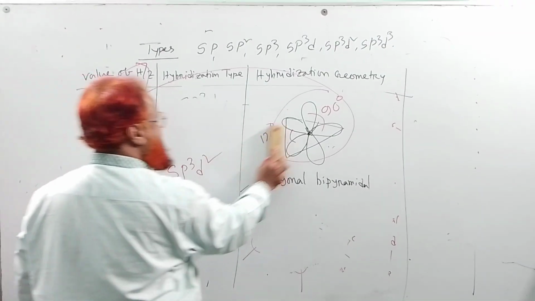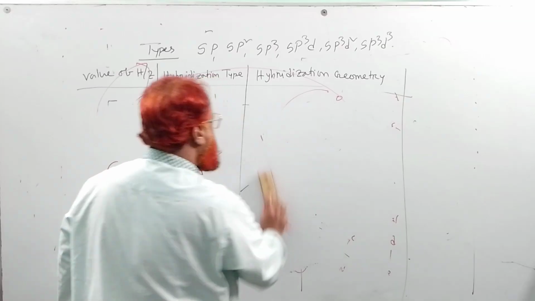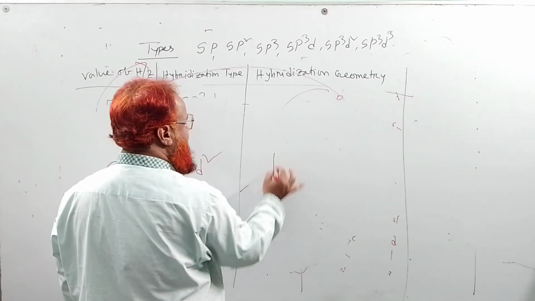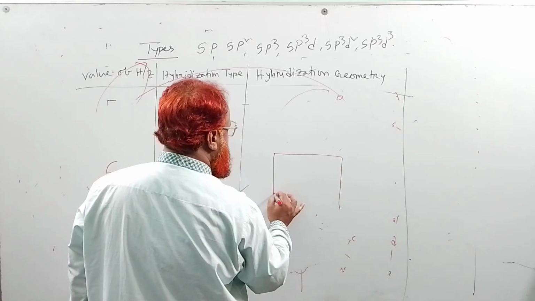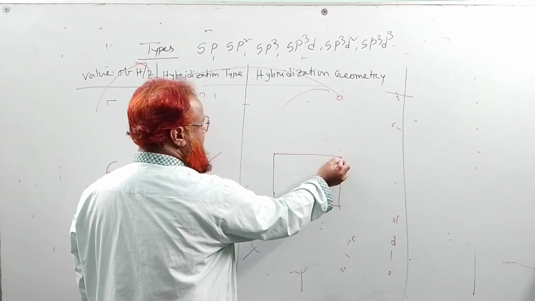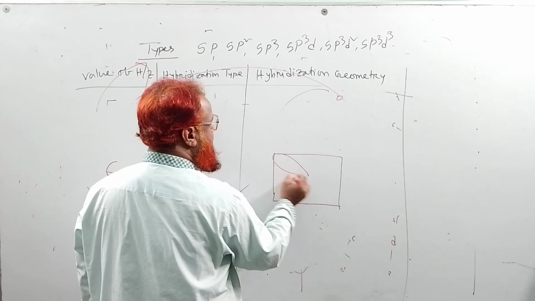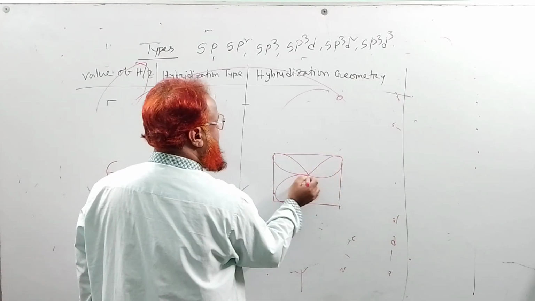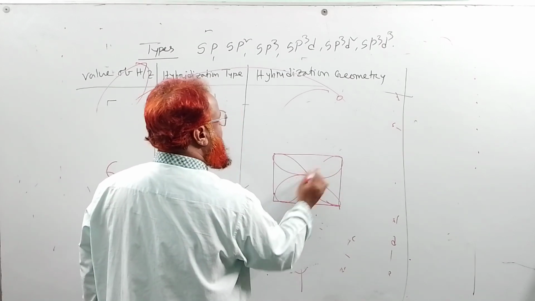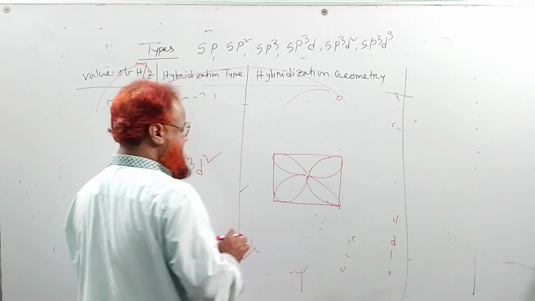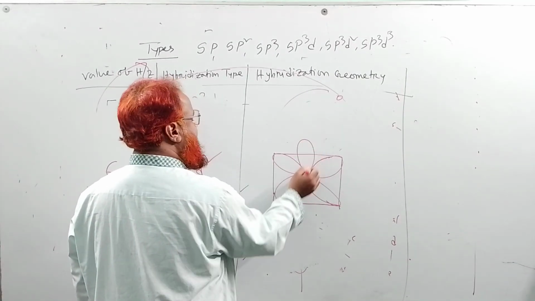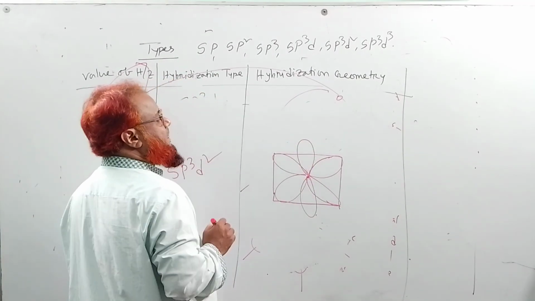Now, for the sp3d2 diagram. The sp3d2 diagram is arranged this way, square bipyramidal. You know the square shape: 1, 2, 3 and 4. So, in this way 4 hybrid orbitals are arranged, and the remaining 2 will be like this.